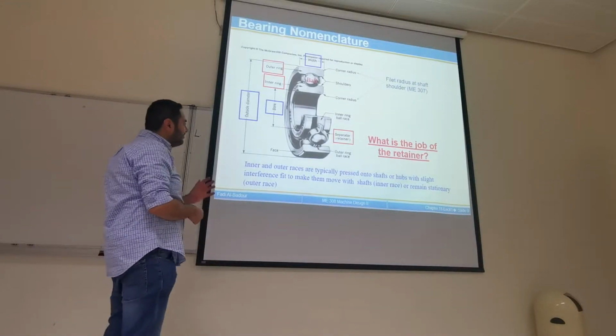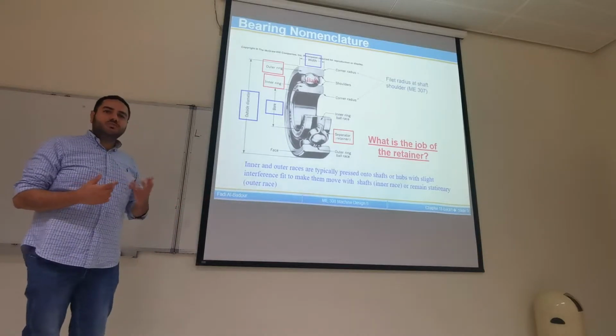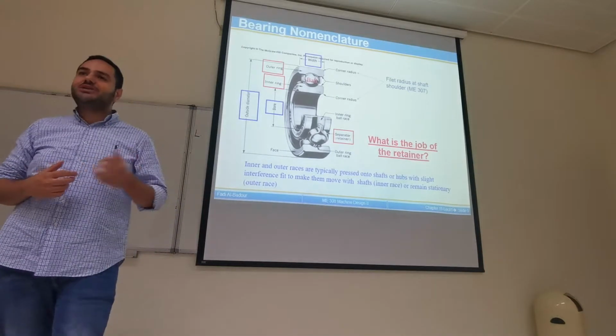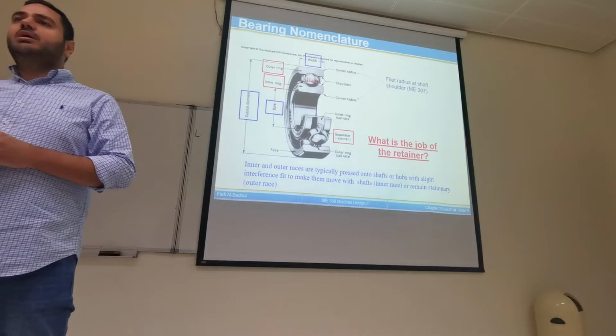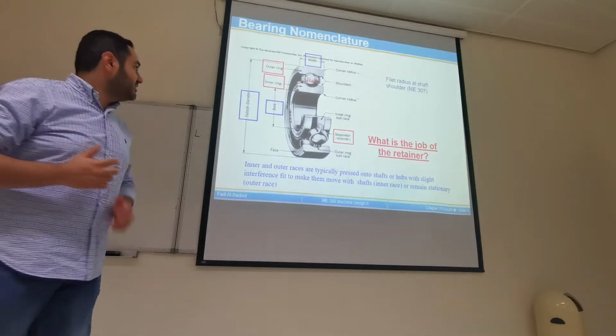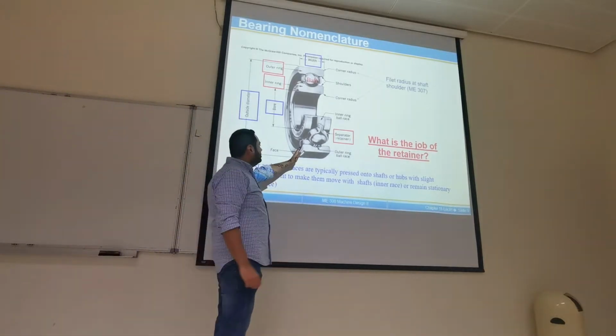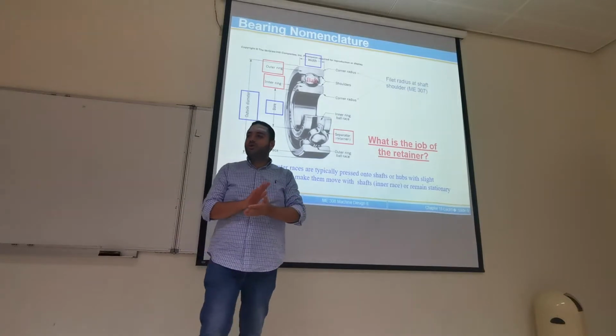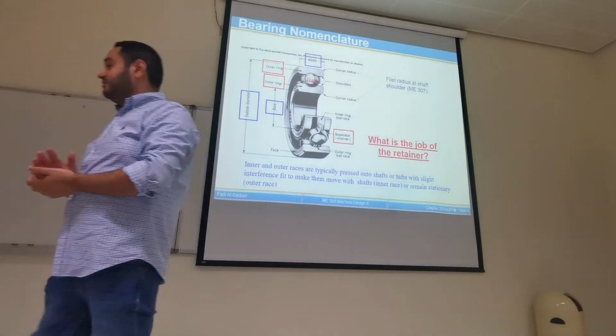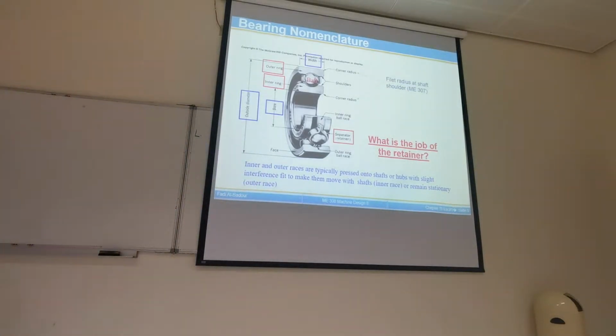At the final stage, you need to make sure that the fillet radius of the shaft matches the selected bearing. Otherwise, the face of the bearing cannot come in contact with the shoulder at the shaft.